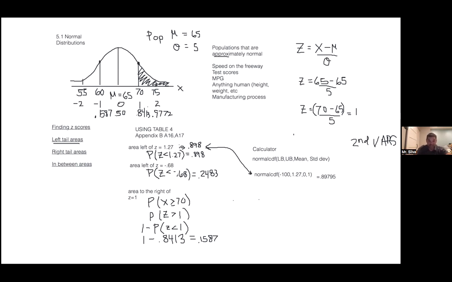Let's do negative 0.68. What would I put in there? Use a really small number, normal CDF, negative 100, comma, negative 0.68, comma, 0, comma, 1.